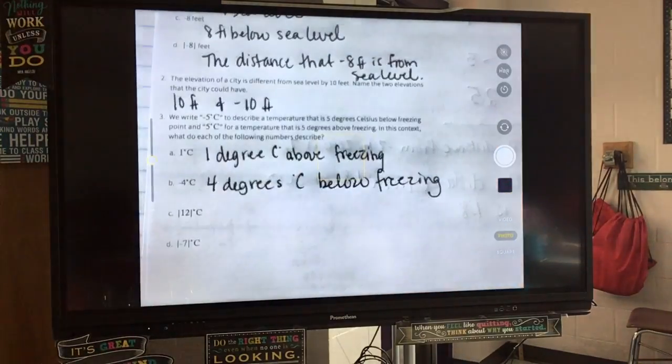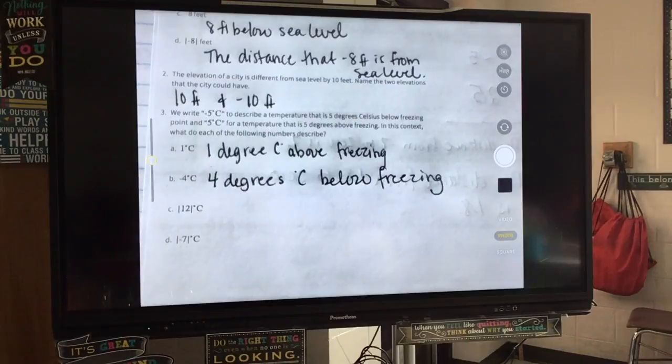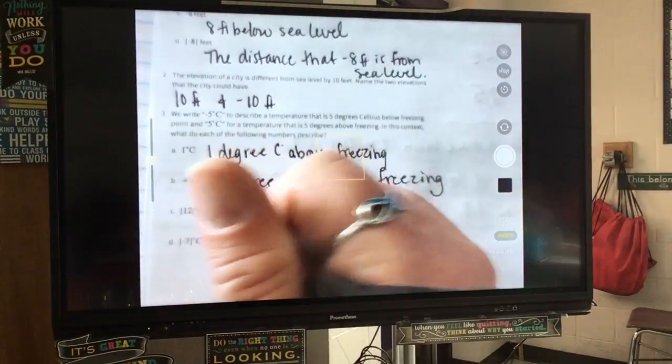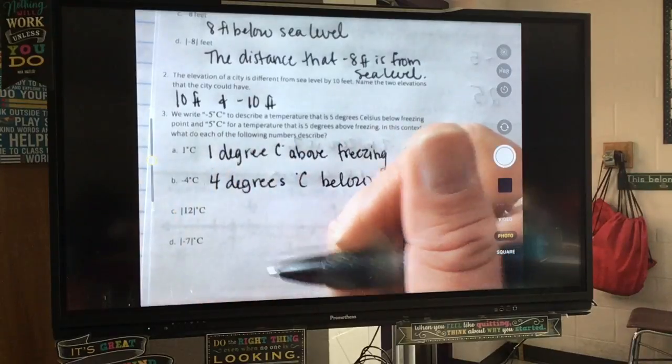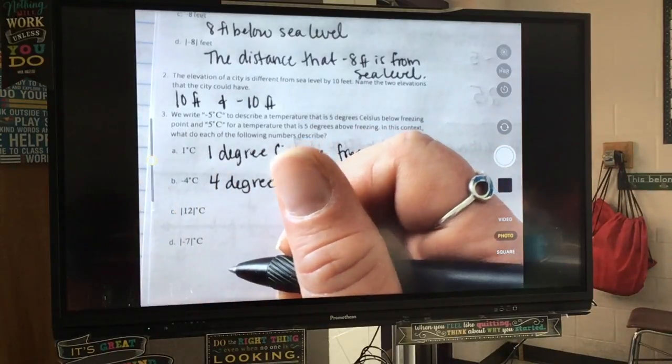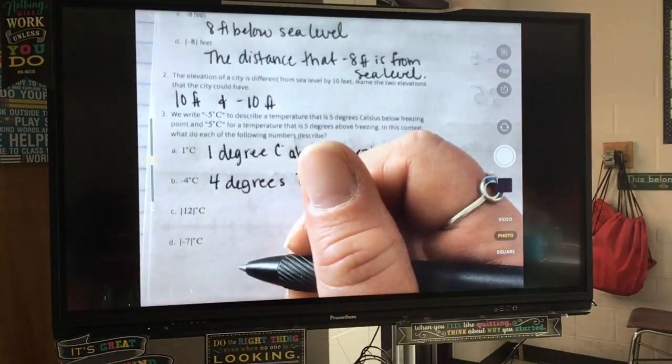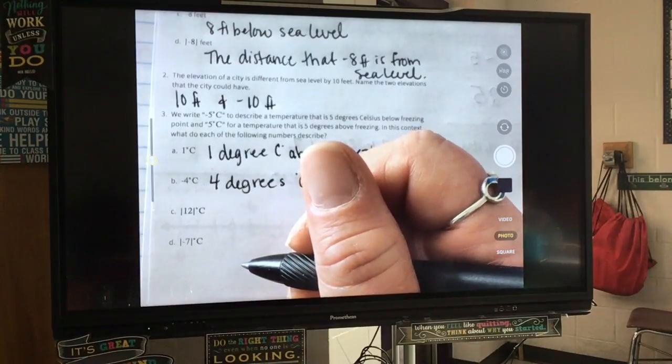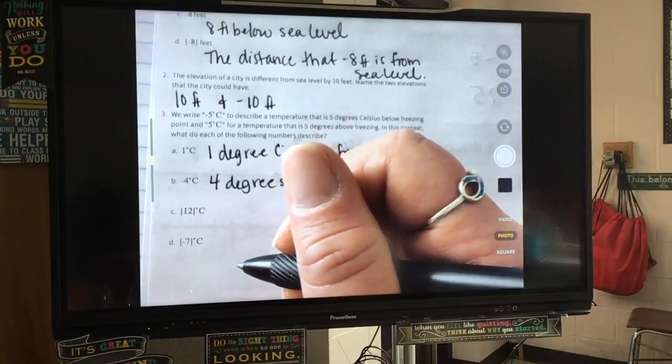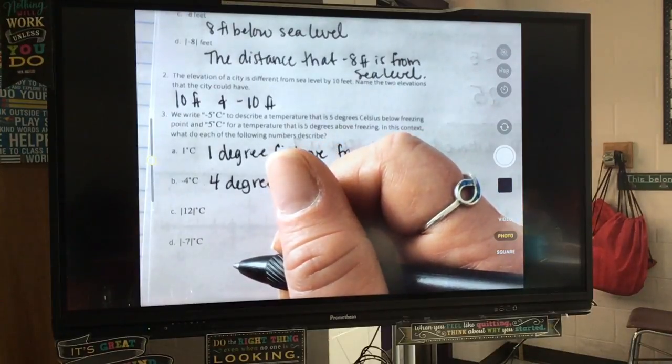All right. What about the absolute value of 12 degrees Celsius? Soraya? The amount of Celsius degrees 12 is away from freezing.